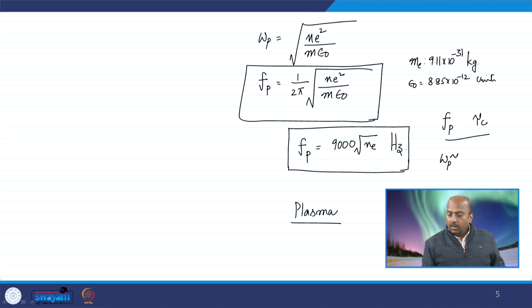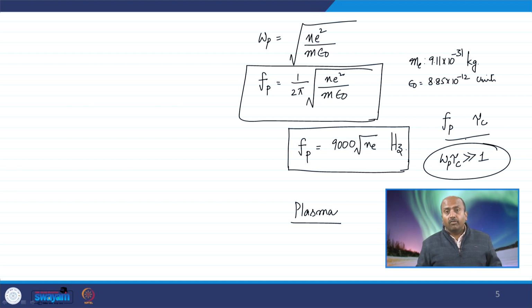We can write the plasma criterion as omega p tau c is much greater than 1. Tau c is the characteristic time between two successive collisions, and omega p is the frequency of plasma oscillations. If they satisfy this criterion, only then do you call that gas a plasma; otherwise you call it an ionized gas. So not every ionized gas is plasma, but every plasma is an ionized gas.